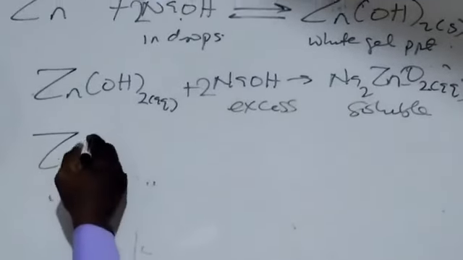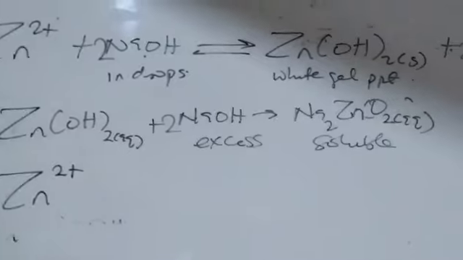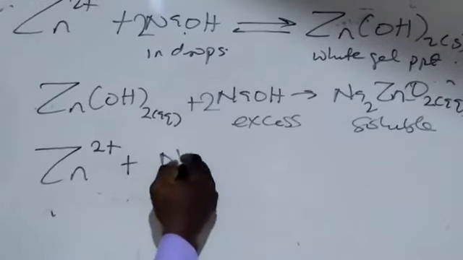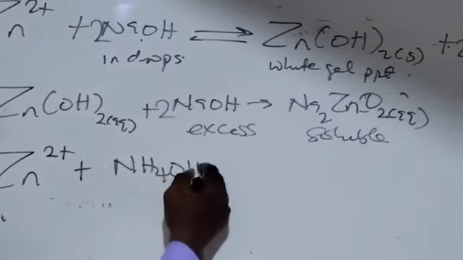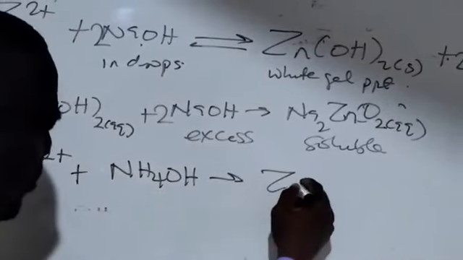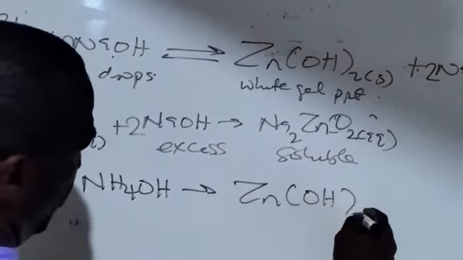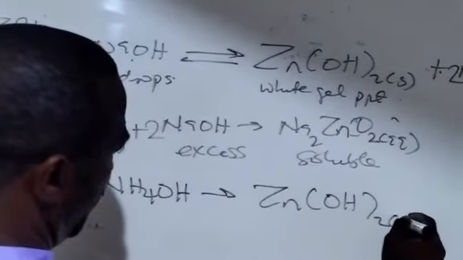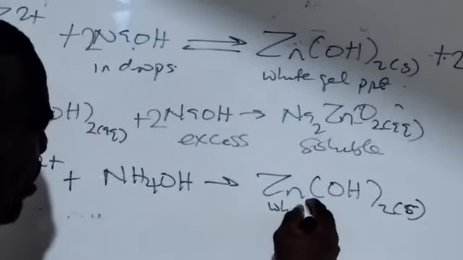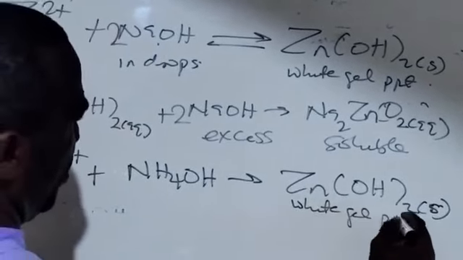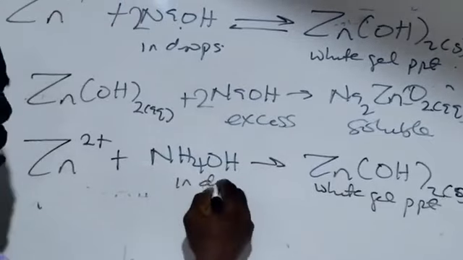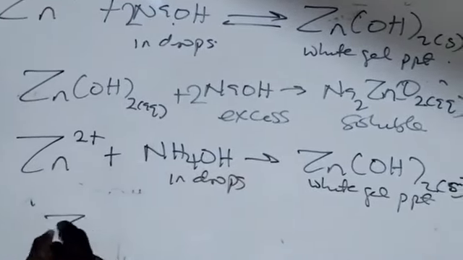When we added ammonia, in ammonia the same thing happens. When we added aqueous ammonia, that is equation AIV, we added ammonium hydroxide to the zinc solution. We also formed zinc hydroxide in drops with the white gelatinous precipitate. This is in drops.